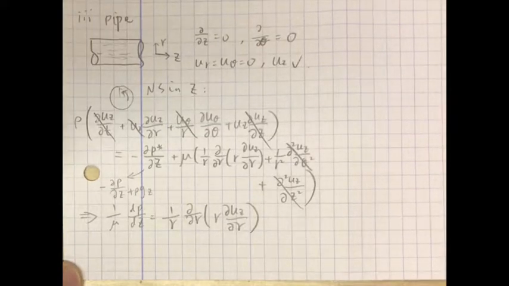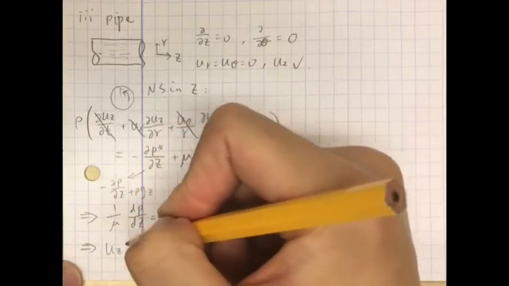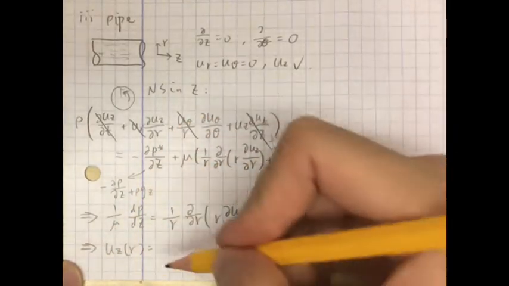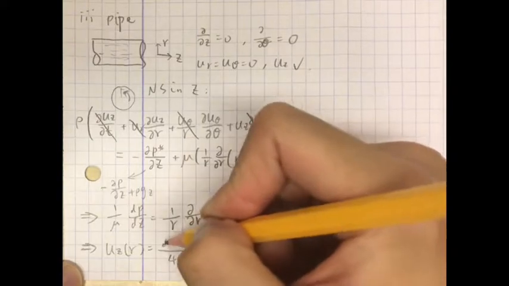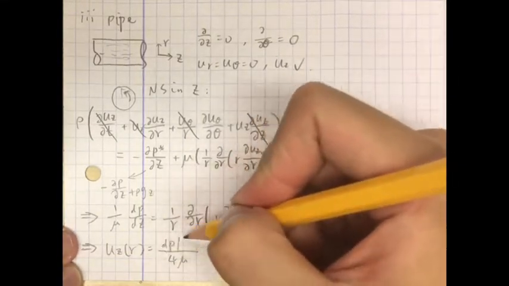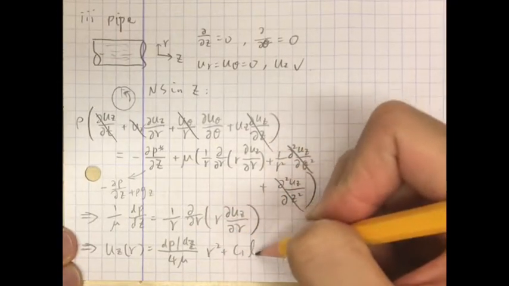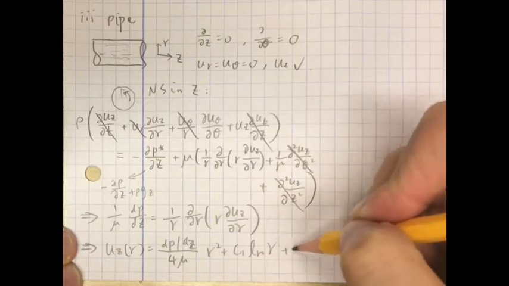So be careful with the calculations. Anyway, we can get the result as this: uz equals 1 over 4 mu dp/dz r squared plus c1 ln r plus c2.